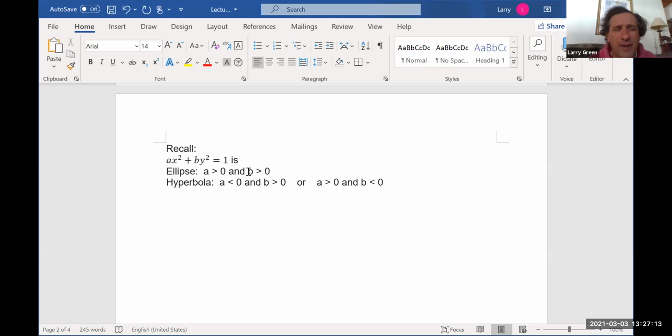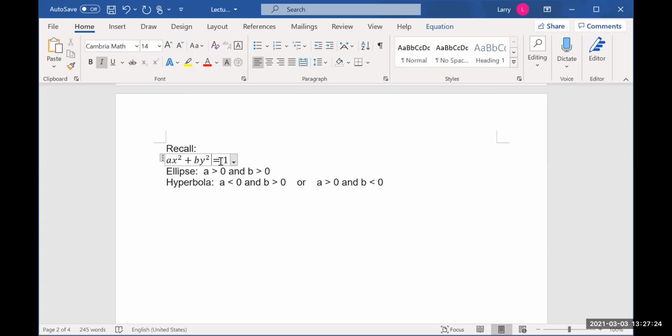Okay. By the way, what if you had say plus 2x at the end? Does that change whether it's an ellipse or hyperbola? No, but it changes the center, right? It just changes the center. So all that is a translation. Any questions on that? So for today, we're just gonna let our origin be the center.